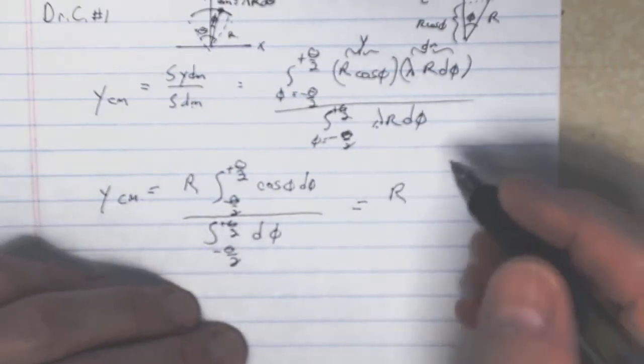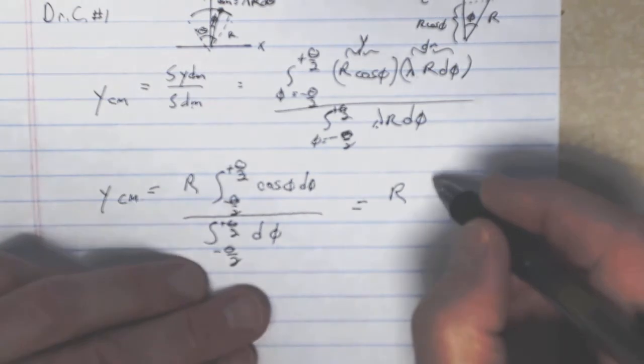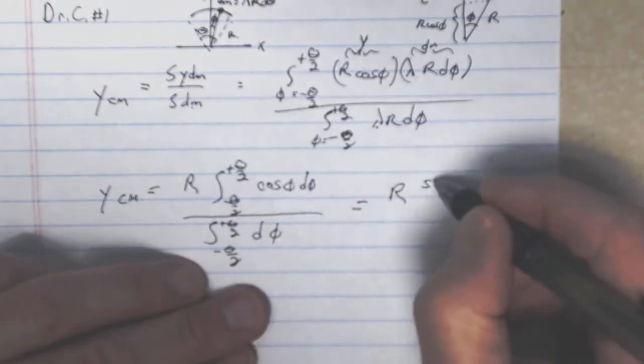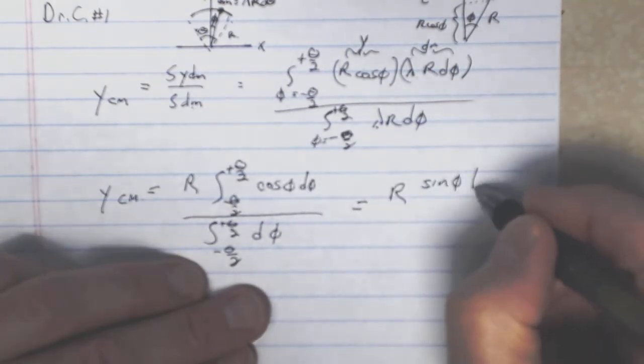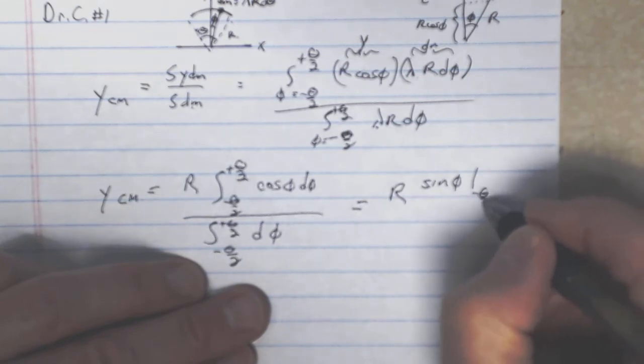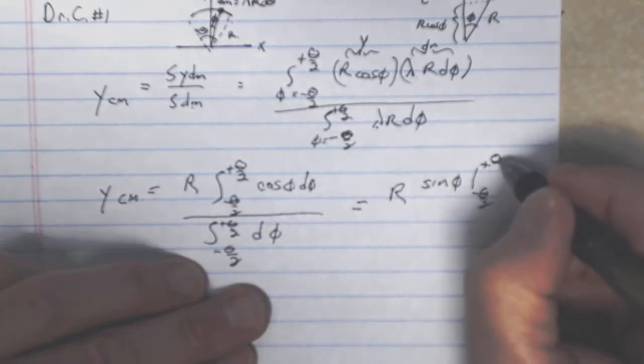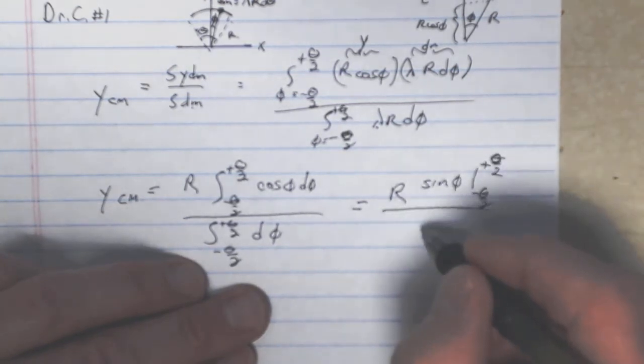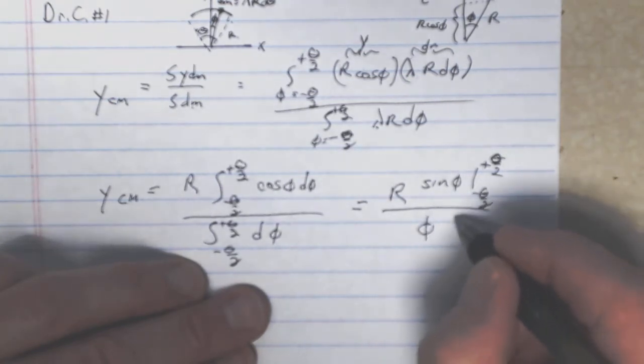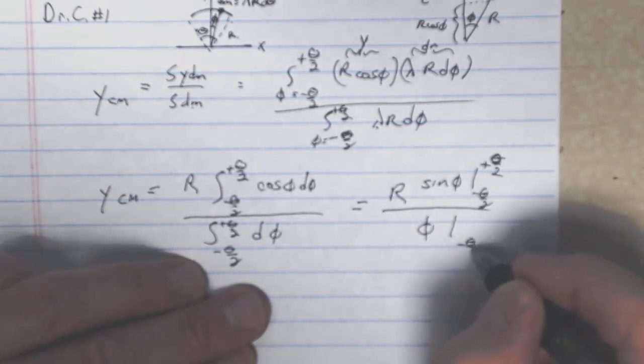I'm left with r, and the integral of cosine phi is sine phi, which I have to evaluate from minus theta over 2 to plus theta over 2, divided by phi, evaluated over the same limits.